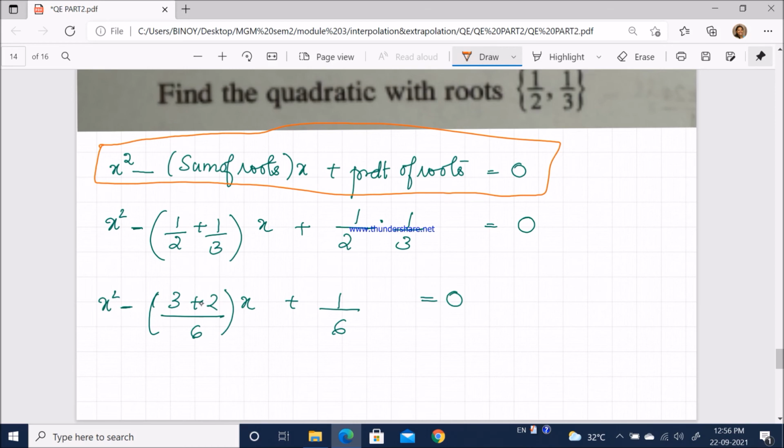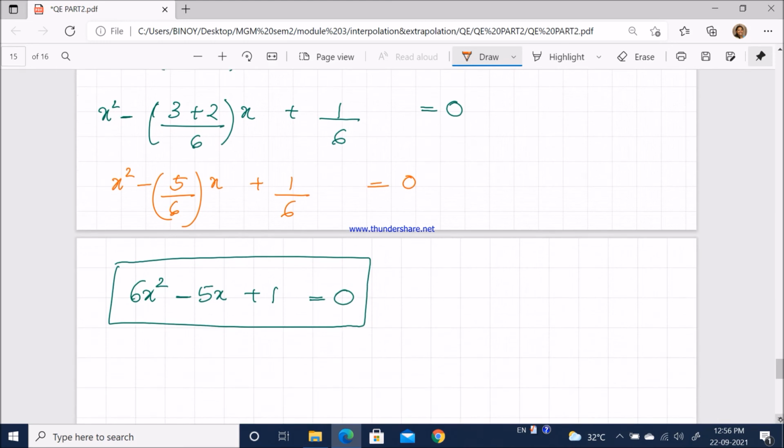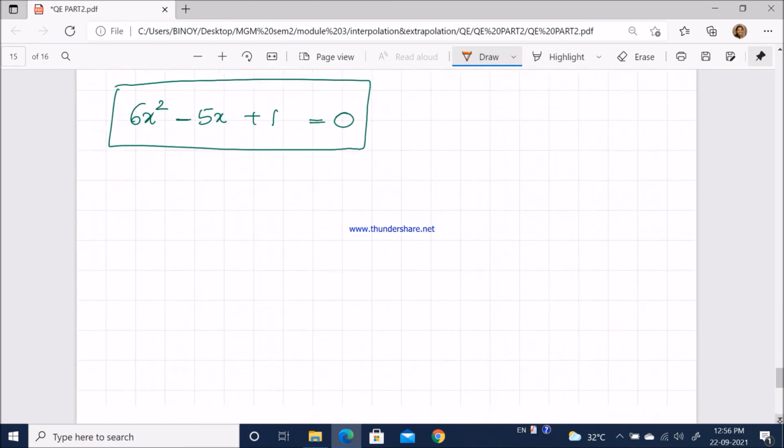So x² minus 5 by 6 x plus 1 by 6 is equal to 0. Taking 6 as the LCM, the equation will be 6x² minus 5x plus 1 equal to 0.